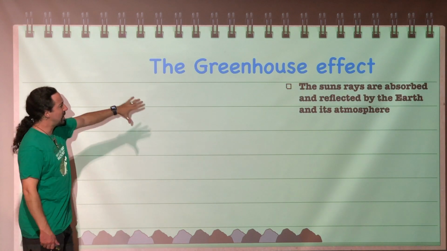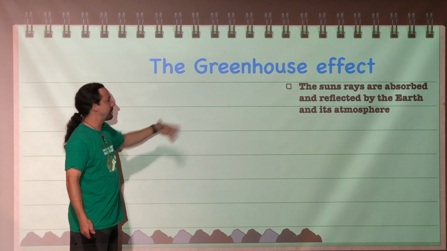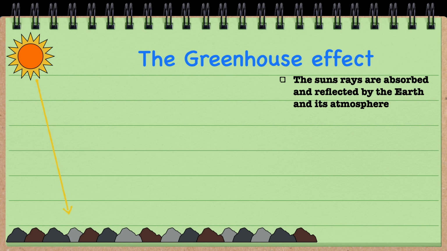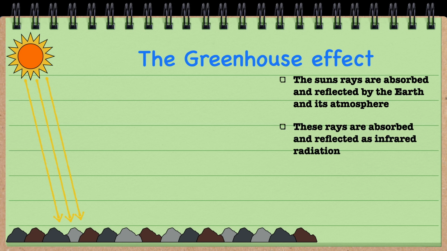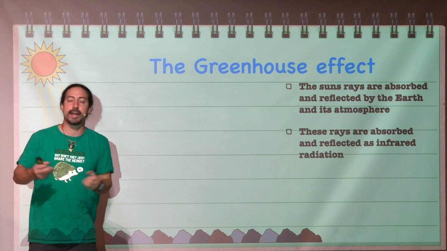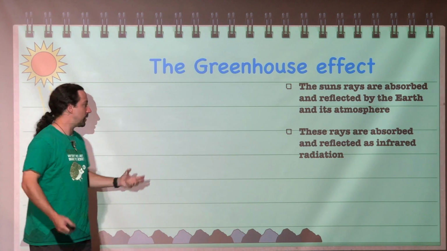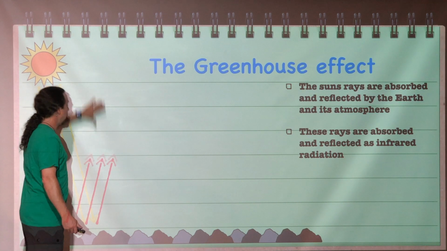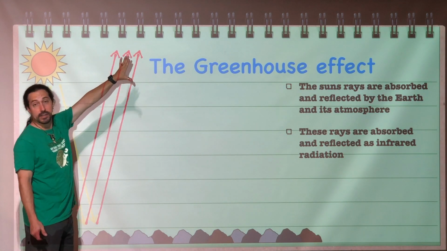Right? The sun's rays are absorbed and reflected by the Earth and its atmosphere. So our sun's rays are going to go from the sun, hitting the Earth's surface, and then they are going to be reflected back. Now, those rays that are reflected many times are going to be reflected as infrared radiation. Now, that infrared radiation can just escape into space.